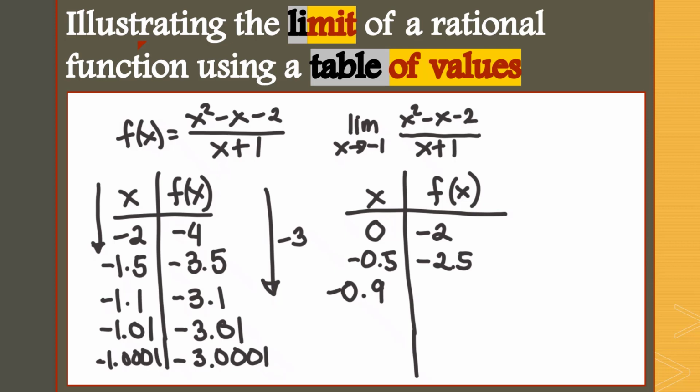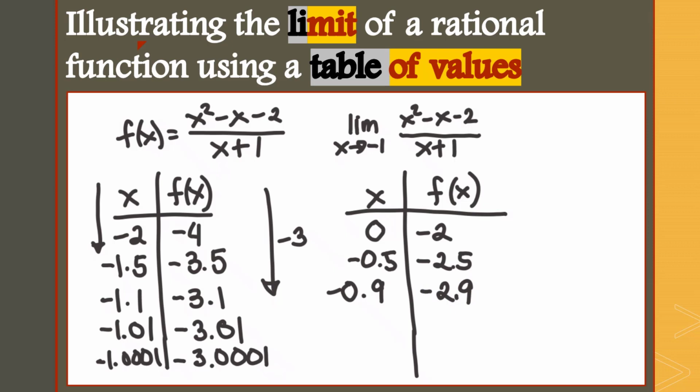But then you will have minus 2, so you have negative 0.29 for our numerator. Take note of that, negative 0.29. For our denominator, you will have 0.1 as a result if you're going to use negative 0.9 on the value of x. So you have negative 0.29 divided by 0.1, you will have negative 2.9.